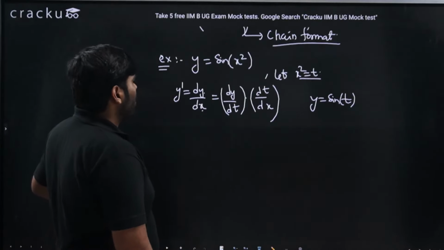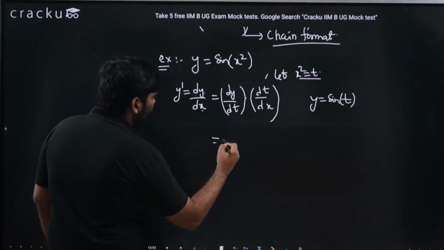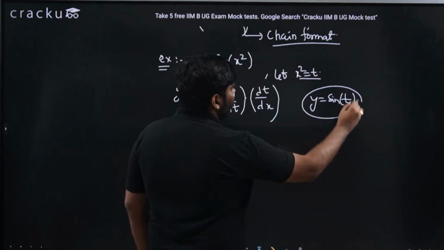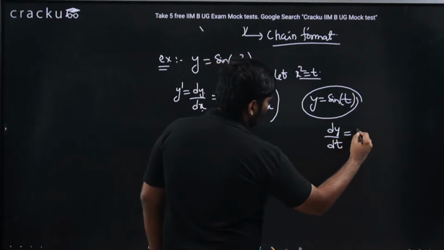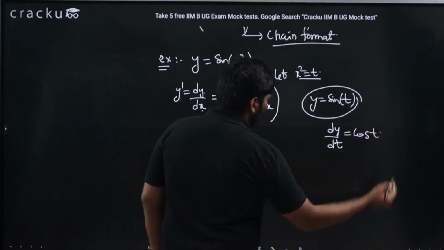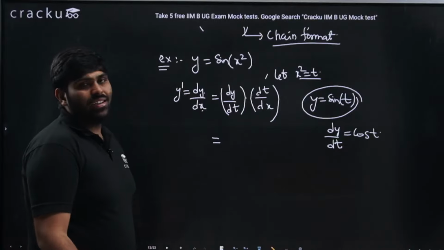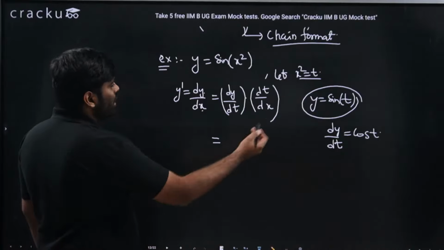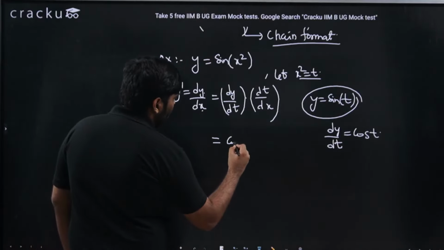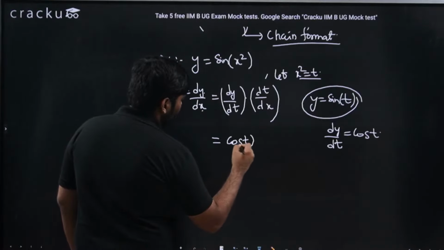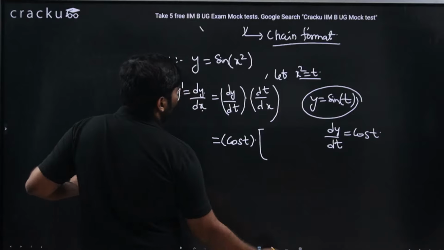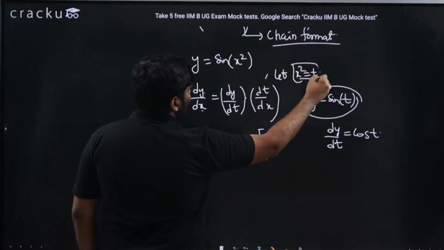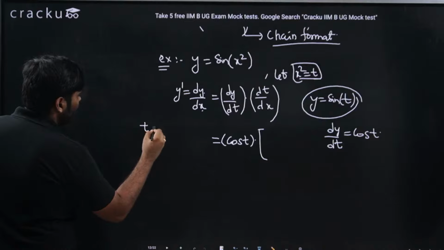What is the value of dy by dt if y is sine t? I do know dy by dt is cos t, because the differentiation of sin theta is cos theta. So this would be cos t into, what about dt by dx? I took t as x square.